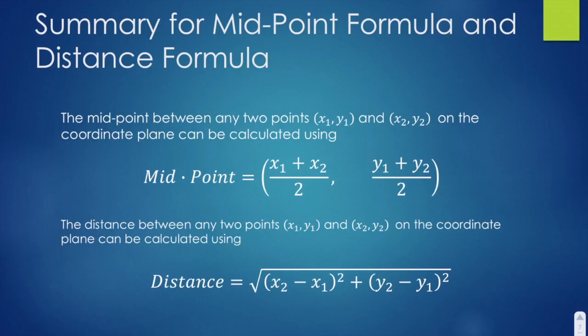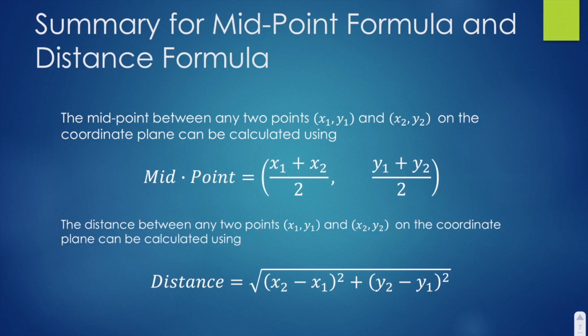So to summarize what we have for the midpoint formula and the distance formula, we'll just say it this way: the midpoint between any 2 points, (x1, y1) and (x2, y2), on the coordinate plane can be calculated using midpoint equals the sum of x1 plus x2 divided by 2, comma, y1 plus y2 divided by 2, and that gives you the coordinates of the midpoint.